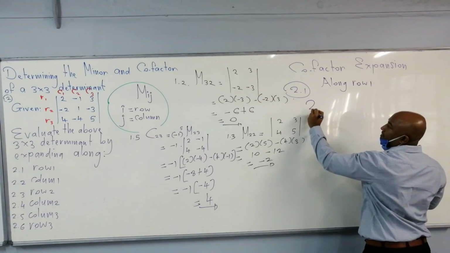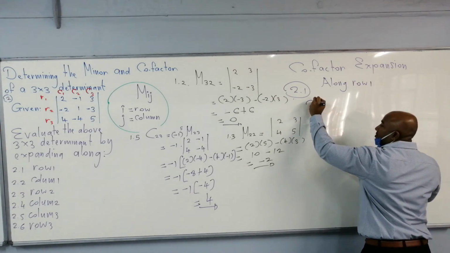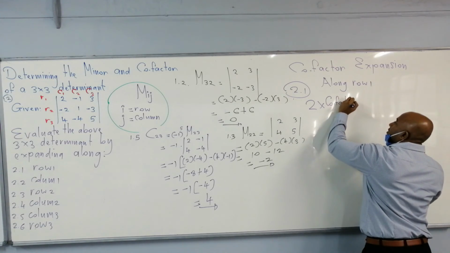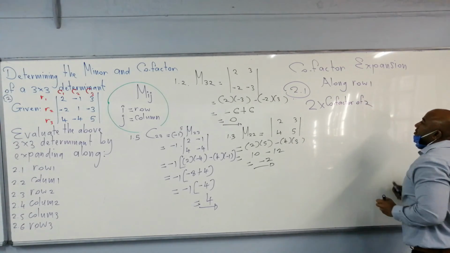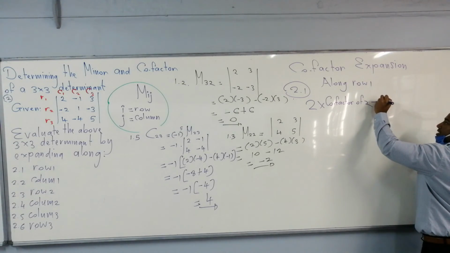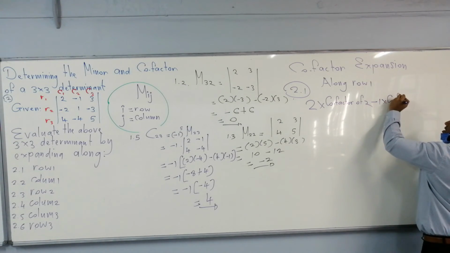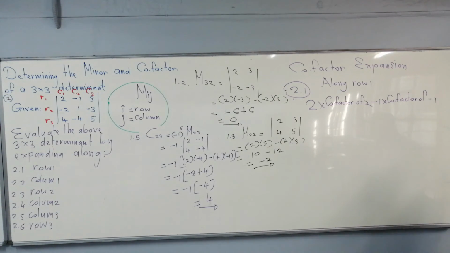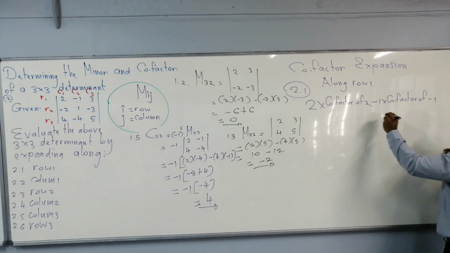I've got 2 is the first number times the cofactor of 2. What's the next number that you see there? -1 times the cofactor of -1. What's the last number that you see there? 3.